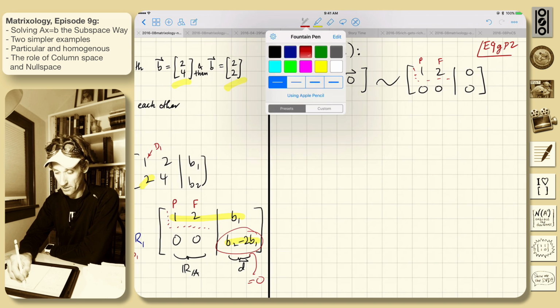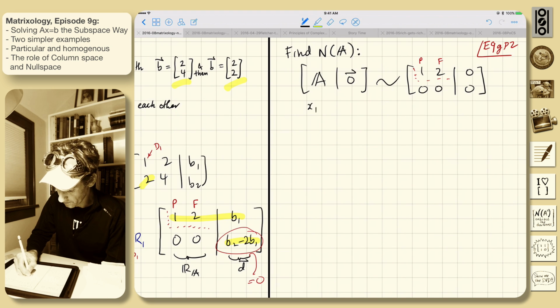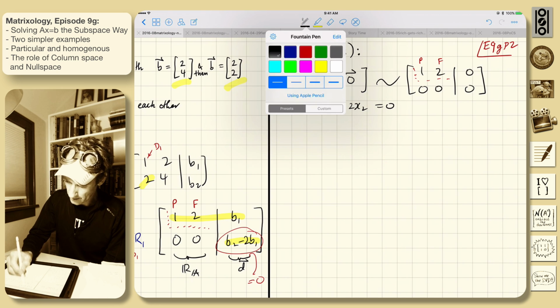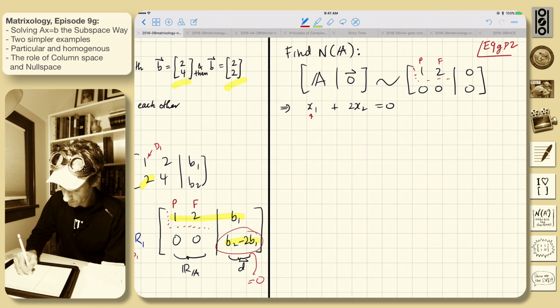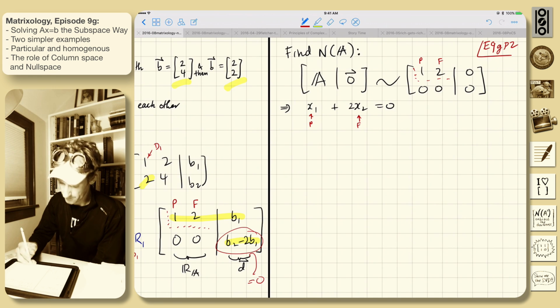And now we use this very principled solution. We write out the equations that we have. x1 plus 2x2 equals 0. That's the only thing we have. And if we have any confusion, that's our pivot. This is our free variable. Express the pivots in terms of the free.